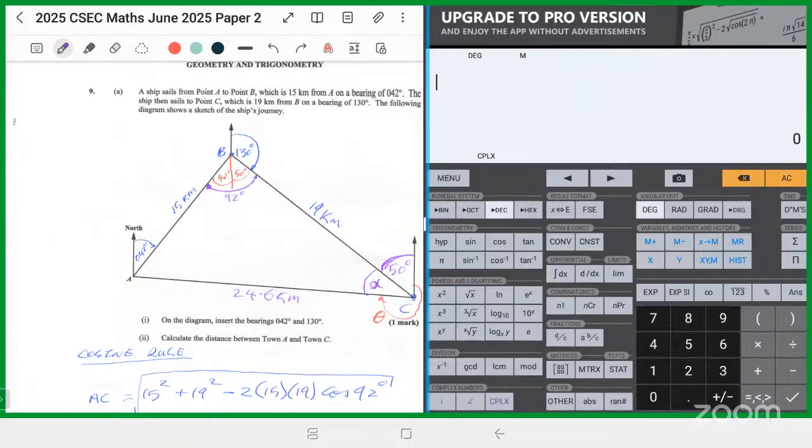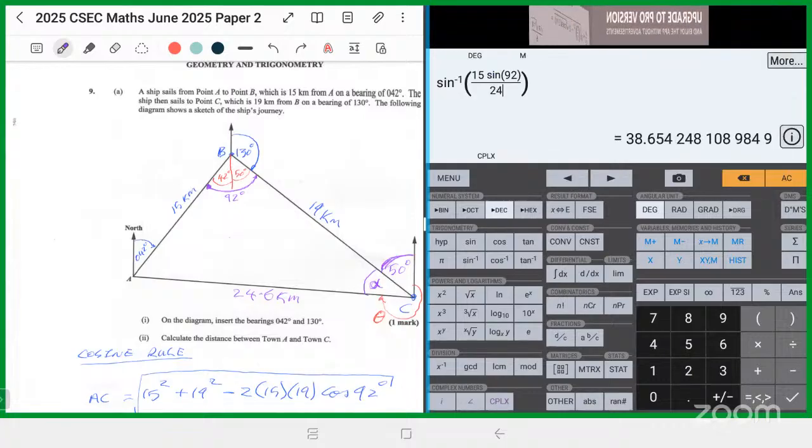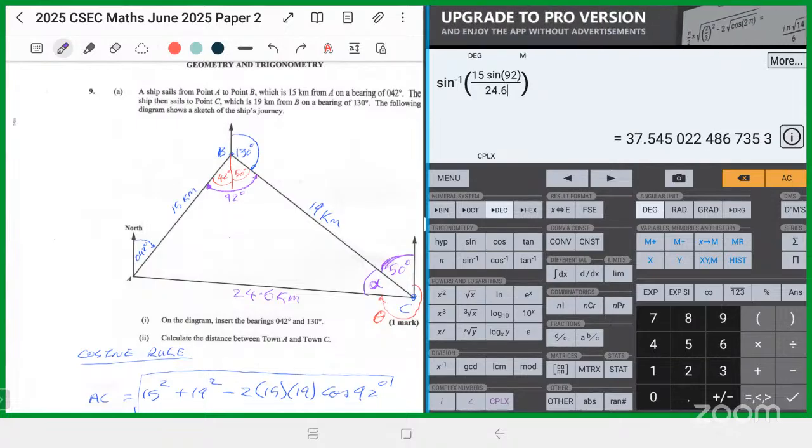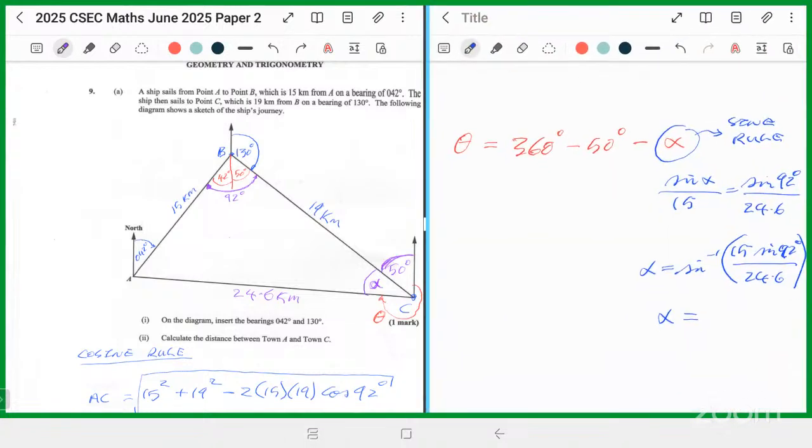That gives us 37.5 degrees. Remember, bearing is given to 3 digits, so let's call it 38 degrees.